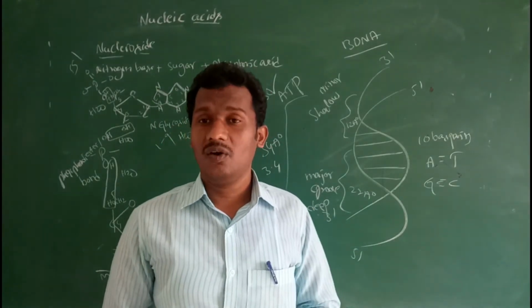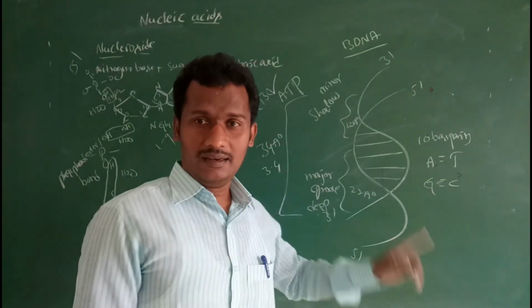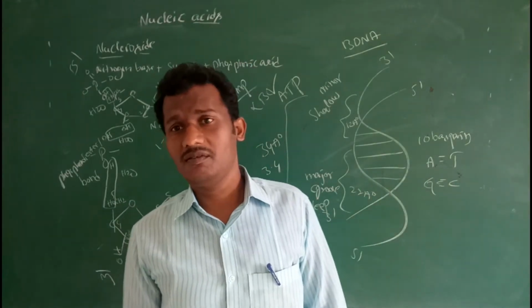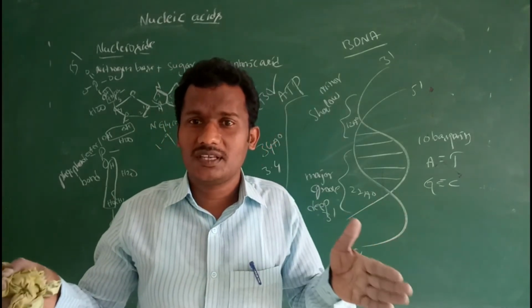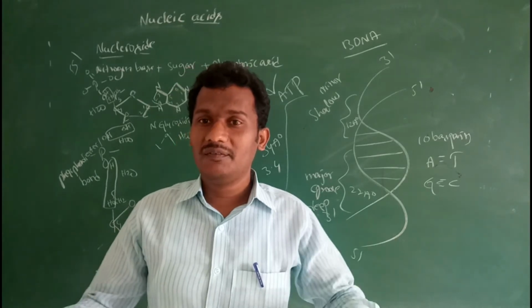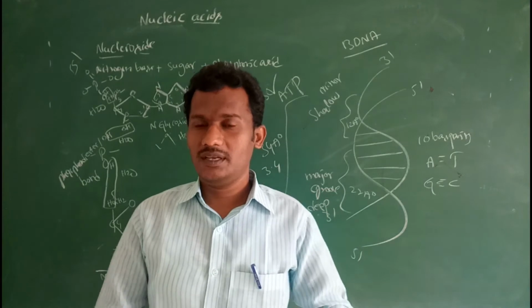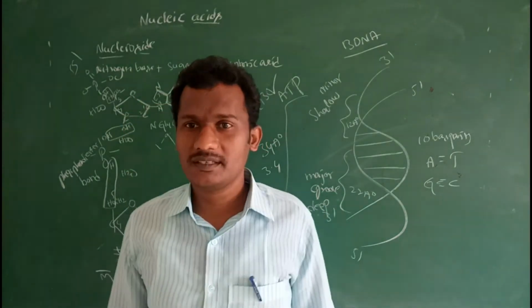So why do purines always come opposite to pyrimidines? Because purines have a larger structure, with two rings. If base pairing takes place between two purines, it is a big structure, so a narrow space is present in the middle.